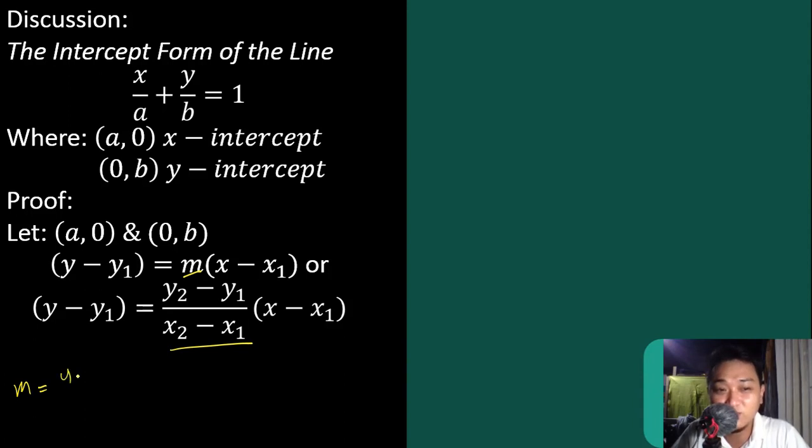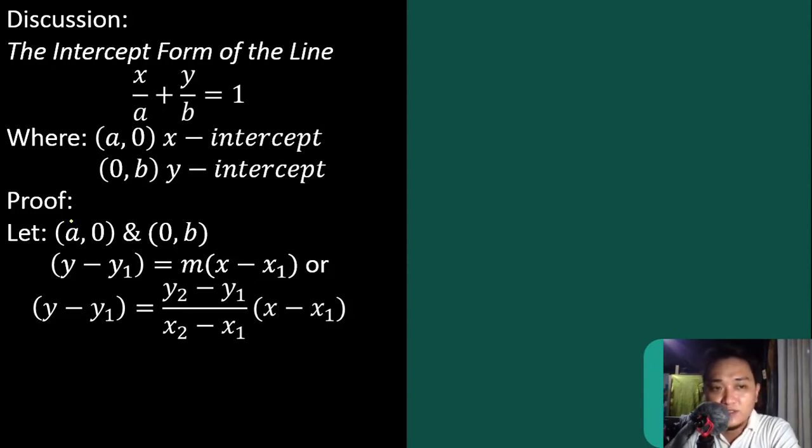That is the same as y sub 2 minus y sub 1 over x sub 2 minus x sub 1. Ito po yun yung value ni m. Sinubstitute lang po natin. Now, try lang po natin siyang i-prove kung tama po ba to. Tamang notion po ba to.